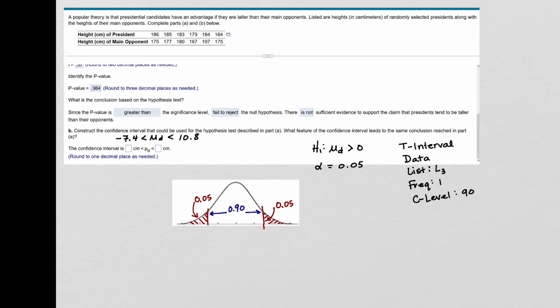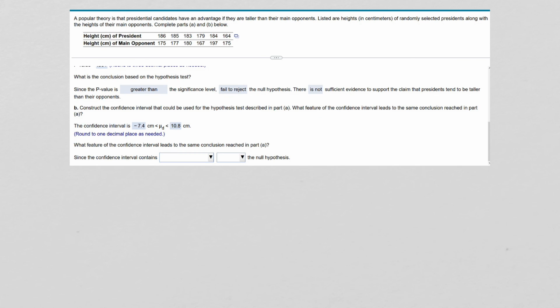And in the last step, we're going to interpret that confidence interval. Okay, so what feature of the confidence interval leads to the same conclusion reached in part A?